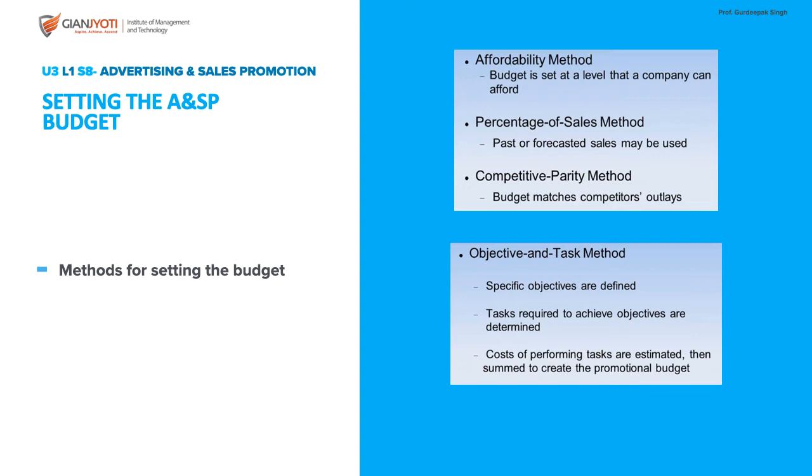So in that, your specific objectives, what you would like to achieve, are defined. Then the tasks required to achieve those objectives are determined. And then you work out the cost of each task. And then you add all that to get your promotional budget.